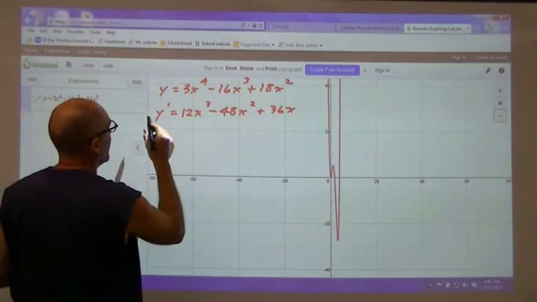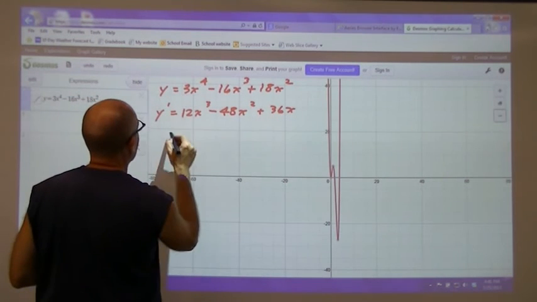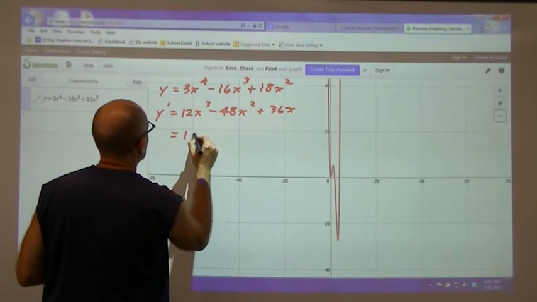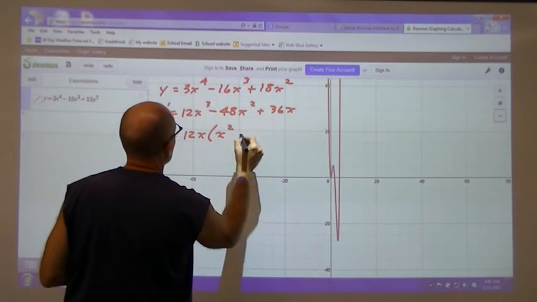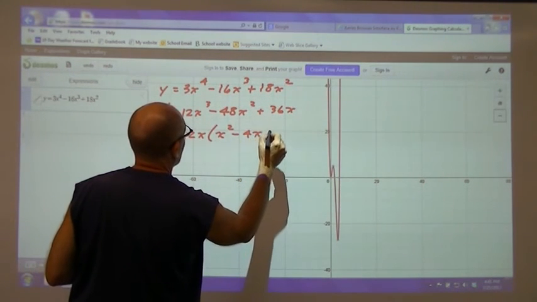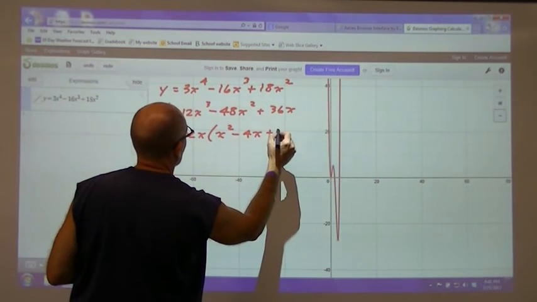And we're going to factor out a 12x out of here. So 12x times the quantity x squared minus 4x plus 3.